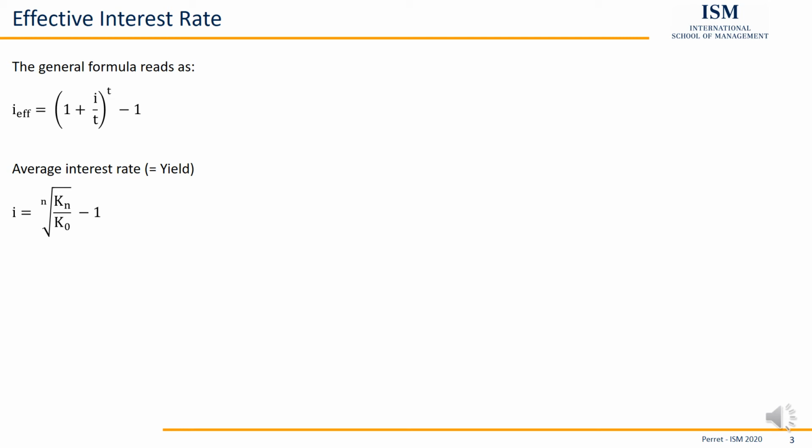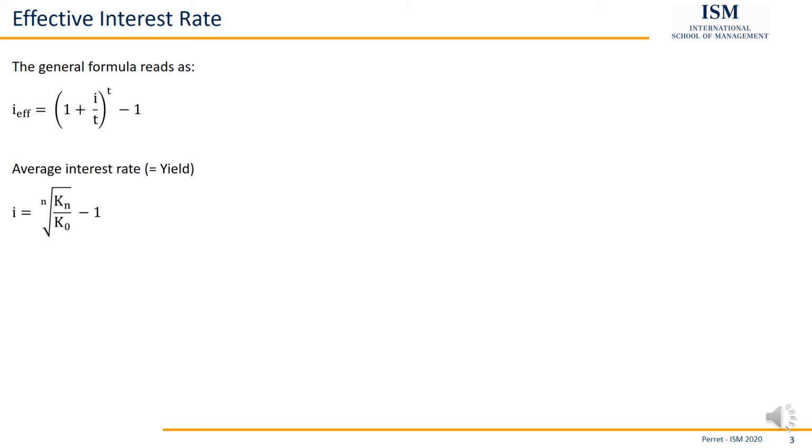So if we then also consider that we can use this not only for a 1 year period, but also for more than 1 year, we could just replace K1 with Kn and then simply take the nth root of this.